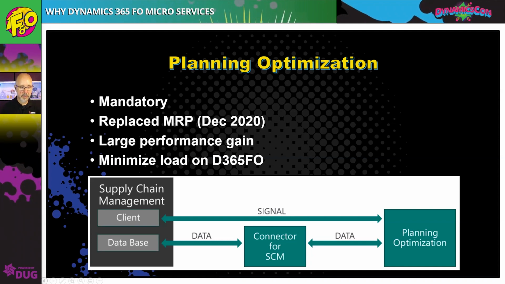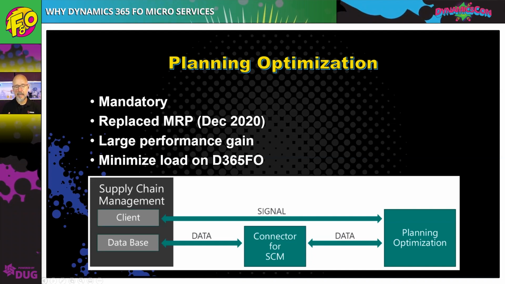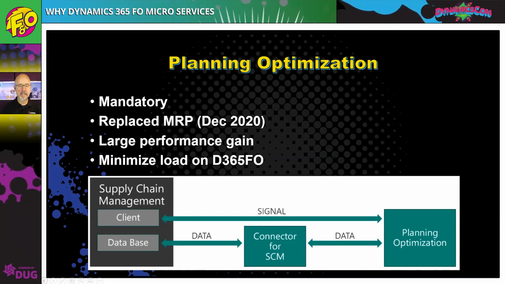The reason why this is good is that you have a large performance gain. First of all, the actual sessions for doing the planning are a lot faster. It used to take multiple hours. Now we're down to like 15 to 20 minutes in some cases.